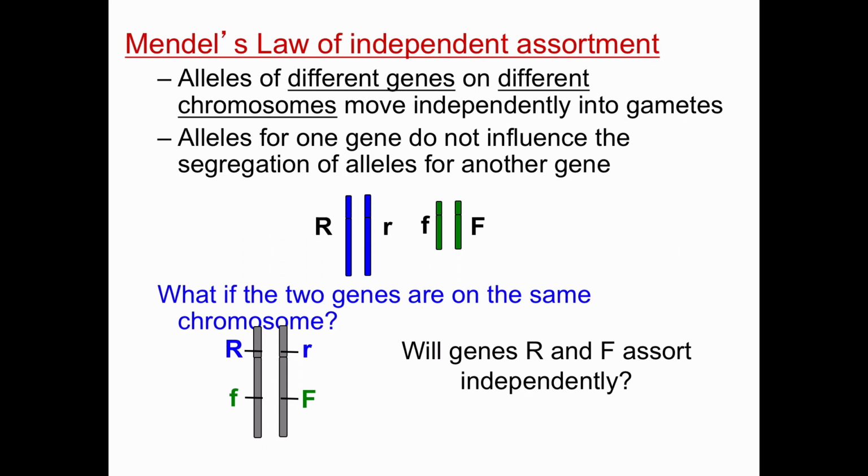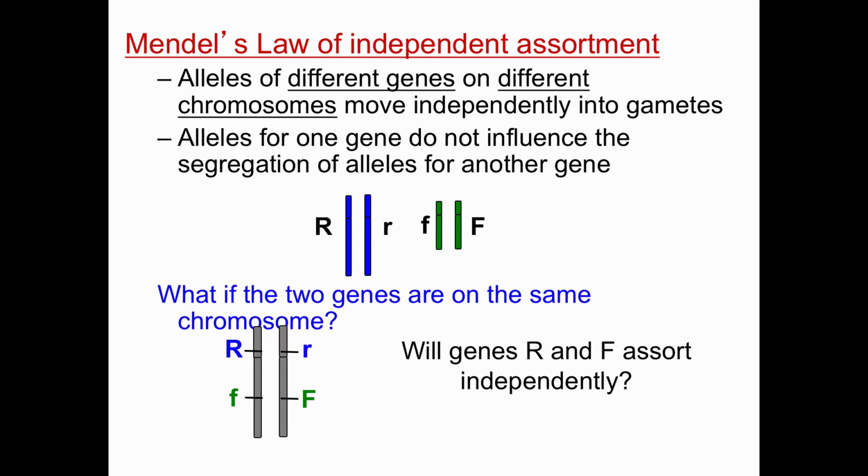So in our example, pea seeds could be round or wrinkled, and they could be yellow or green because those genes are controlled by different traits, right? The R gene controls the seed shape, and the Y gene controls the color of the seed, and neither one affects the inheritance of the other. That's essentially the big difference.